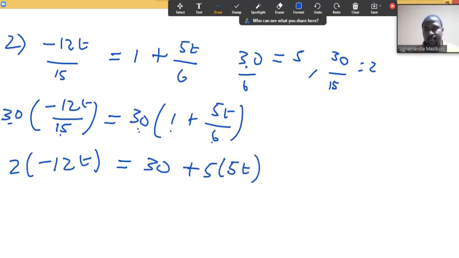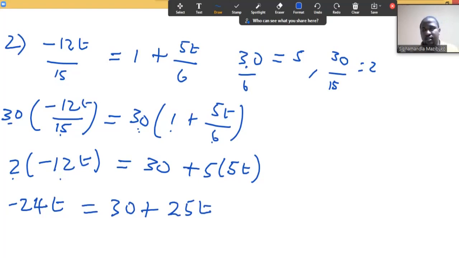We have 2 times minus 12t, and that gives us minus 24t. Sorry, it's my mistake. So minus 24t is equal to 30 plus 25t, because 5 times 5 is 25.